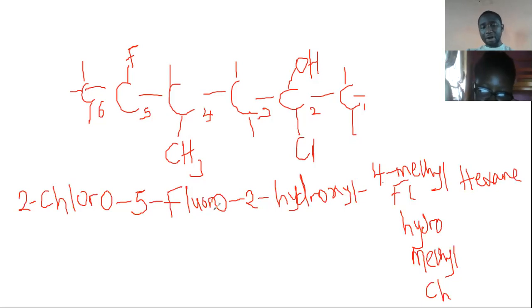So this is how I was trying to explain that once you have something like this, you call it 2-chloro, 5-fluoro, 2-hydroxyl. You make sure you call them alphabetically. The alphabetical order must be followed because you have more than one functional group.